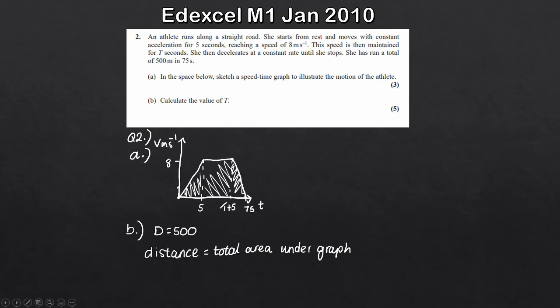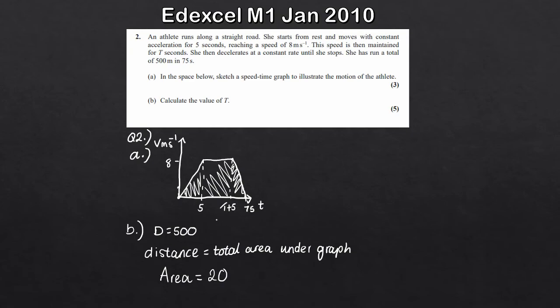For this first triangle, we've got a base of 5 and a height of 8, and we divide the product of that by 2. So 8 times 5 is 40, and dividing that by 2 gives us 20. For the rectangle, that's going to be the distance from 5 to t plus 5.